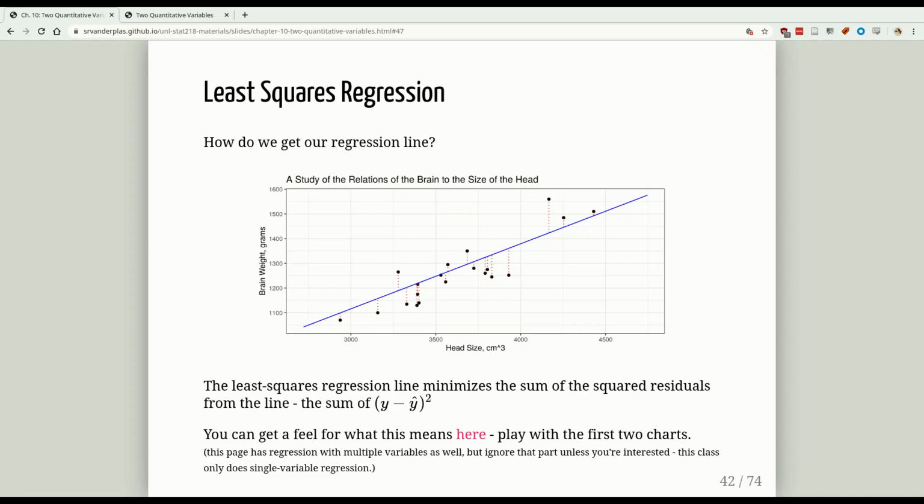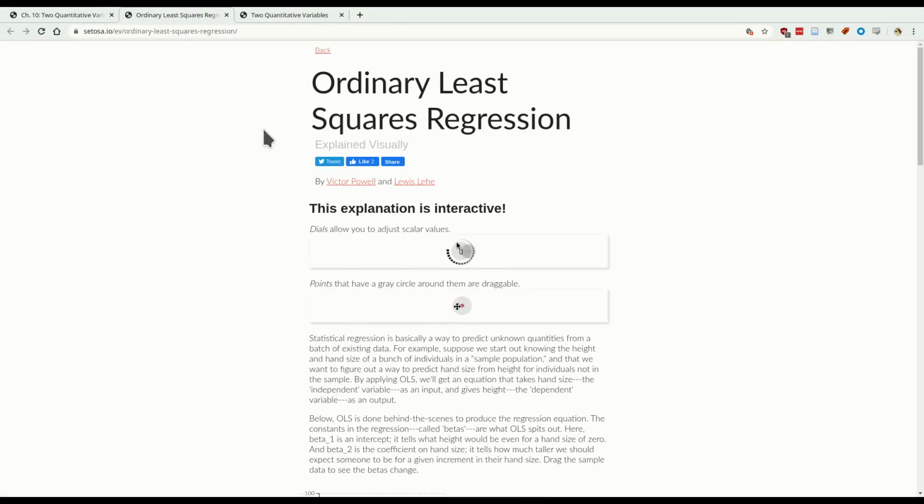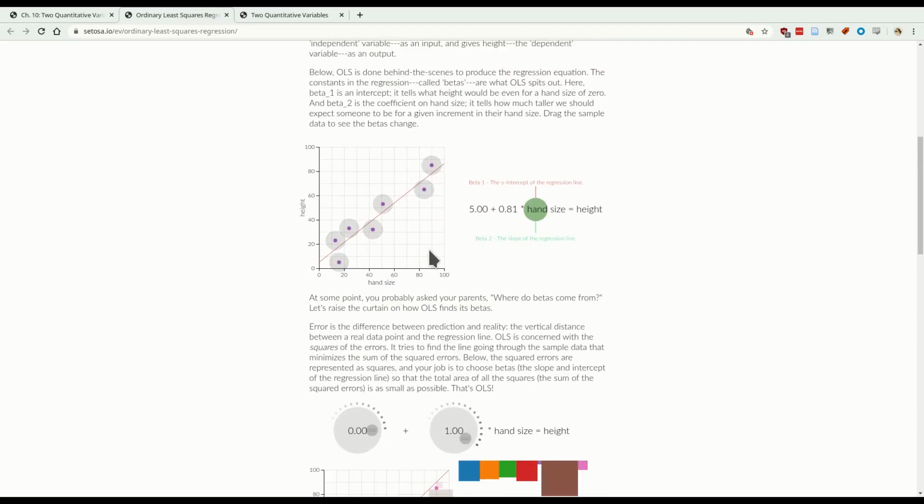And there's an applet here that lets you play with that. Here it's showing you that dials allow you to adjust the values, and points let you drag things around. So here you can see how the line changes when you move different points around, and that's kind of cool.